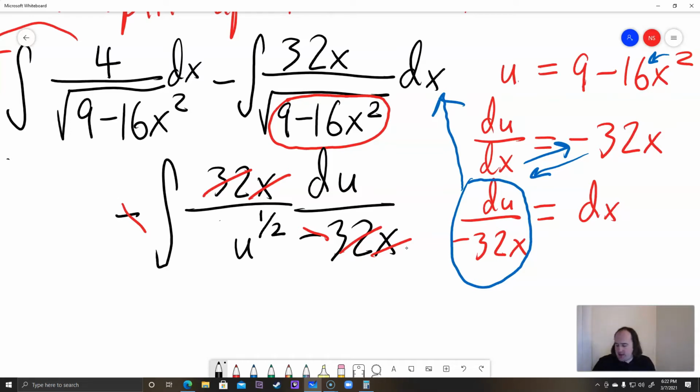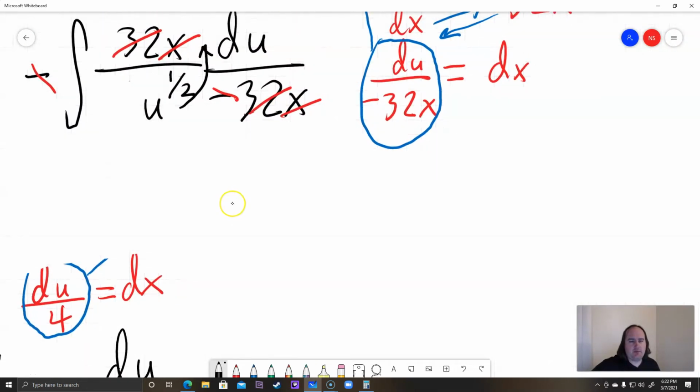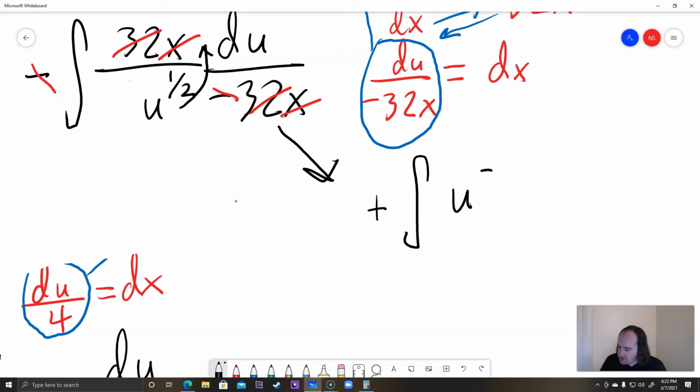And then if I move that u to the 1/2 up to the numerator, then I can use the power rule. Okay? So I actually have, let me move my second integral over here. So what I actually have there is positive integral of u to the negative 1/2 du.